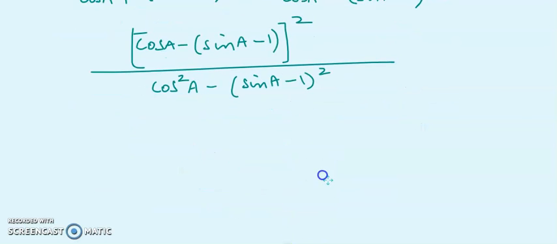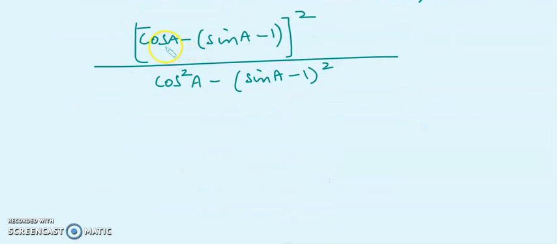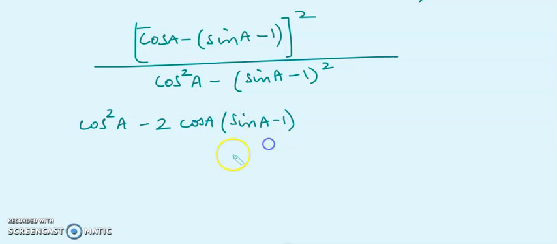Okay. So first we'll open A minus B the whole square, where A is cos A and B is sin A minus 1 the whole square. So it's cos square A minus 2 cos A, B is sin A minus 1, plus sin A minus 1 the whole square, which I'll be opening up in the next step.